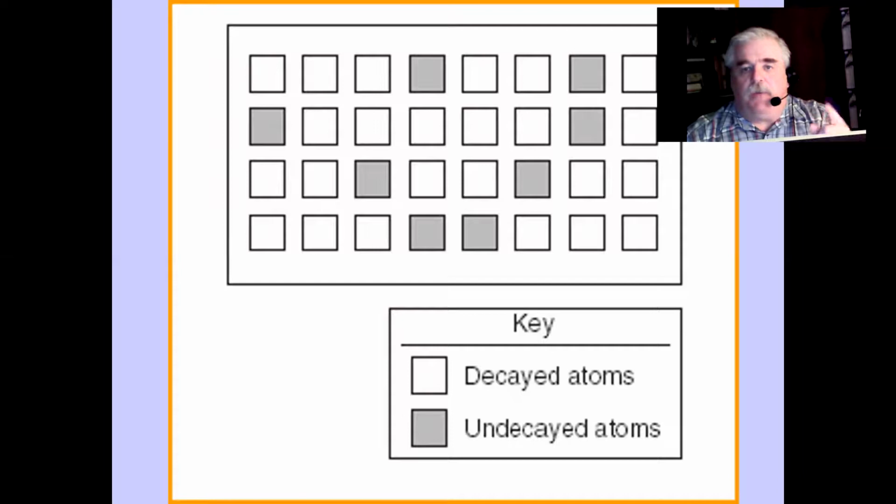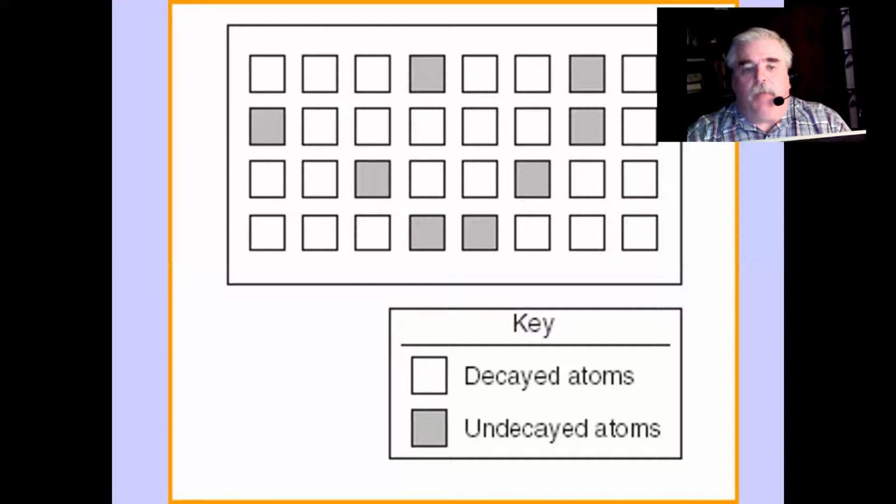Look at your earth science reference tables. That would be 5,700 years. Then you take that remaining 16 gray blocks and you break that down by half. And how many boxes would you have? You'd have 8 boxes of carbon-14, and then you would have 16 plus 8, 24 boxes of nitrogen-14.